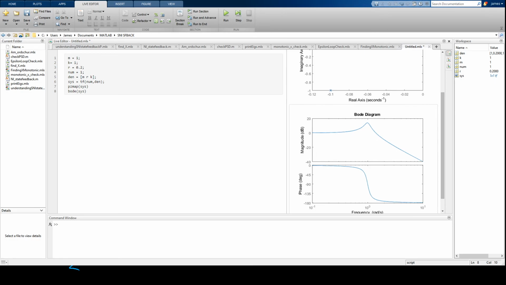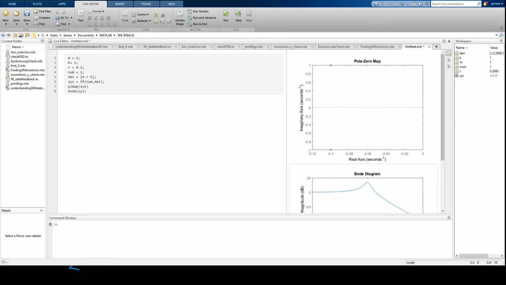And if we look up here at the poles again, we see, okay, by changing R to 0.2, so you remember the real component was just minus R over 2, so we're at minus 0.1. We've moved closer on the real axis towards 0, and the imaginary component has changed, but it's still imaginary and oscillating.